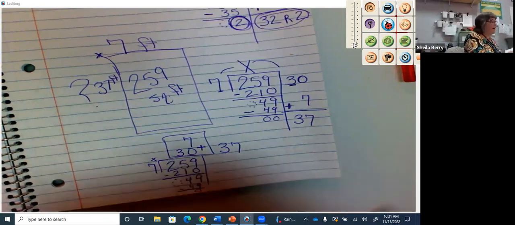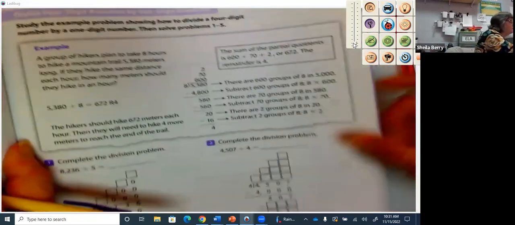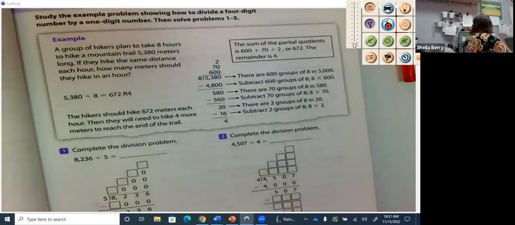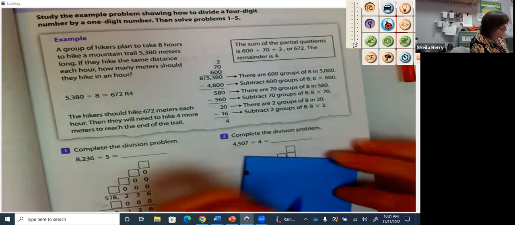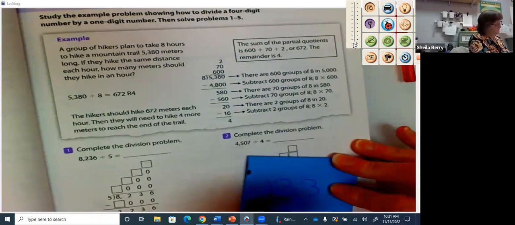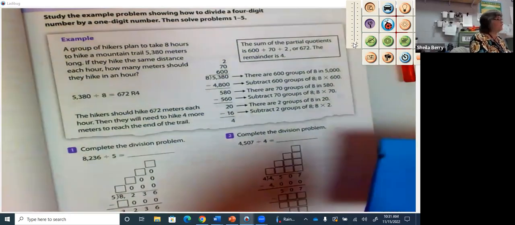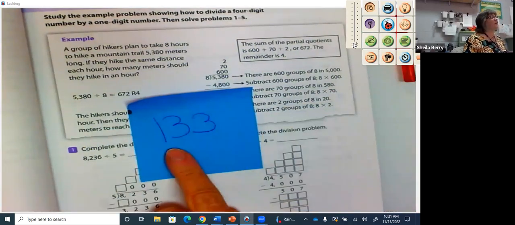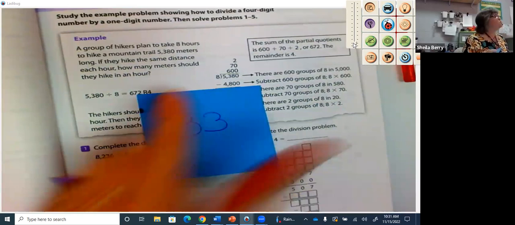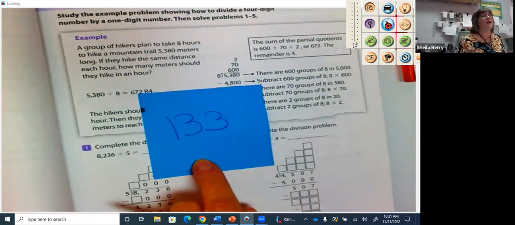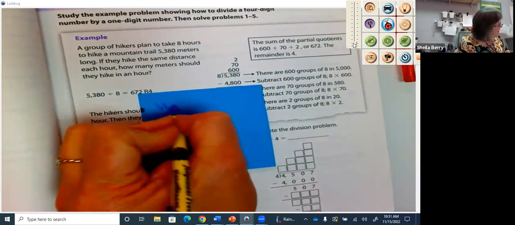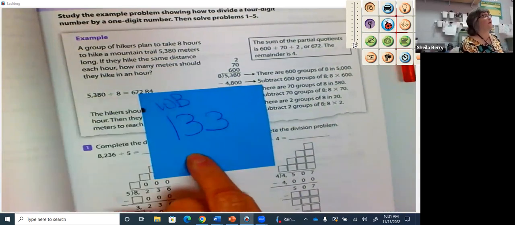So we're on page 133. 133 is where we're at. Oh, that's dark, sorry. 133. Do not tear it out, leave it in. Do not tear it out because that way we can keep it in.